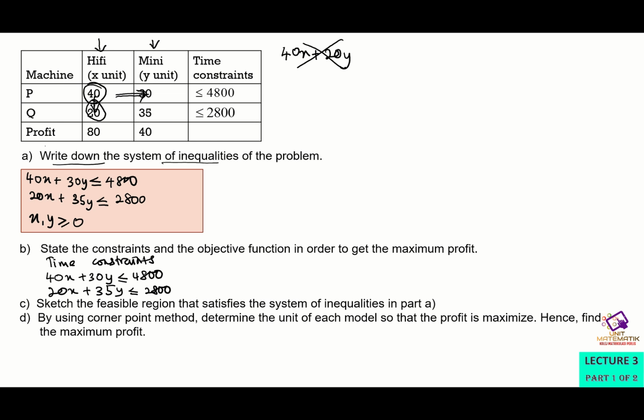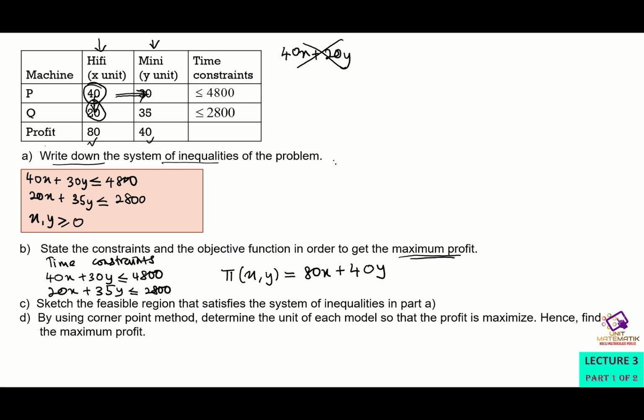So here you can see the objective function is to get the maximum profit. Okay, so what are the values referring to profit? The values referring to profit is 80 and 40, right? So the objective function is P(x,y) equals to 80x plus 40y. Okay, so this is the objective function. P(x,y) equals to 80x plus 40y.